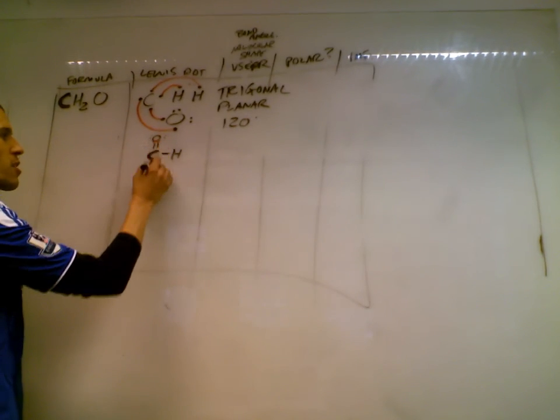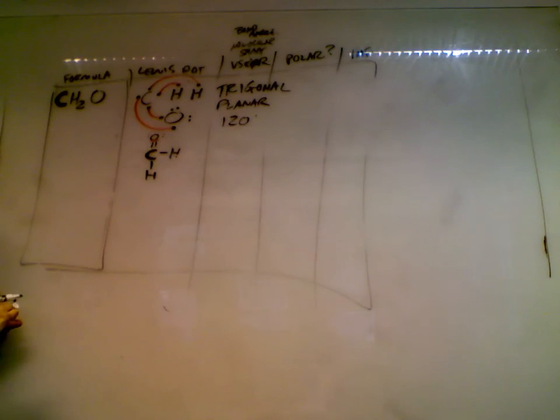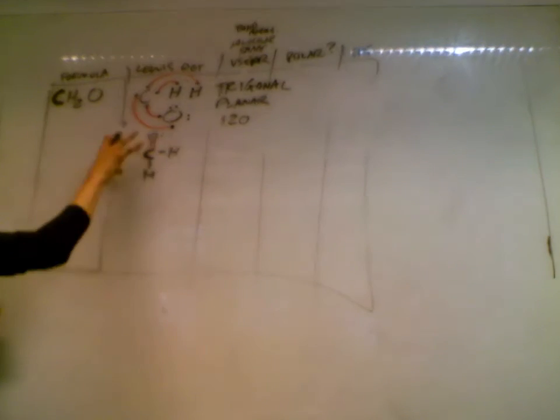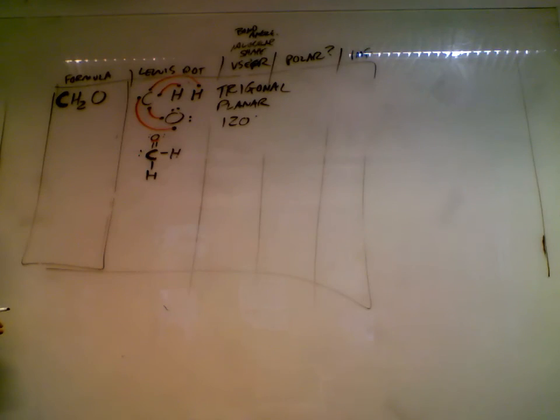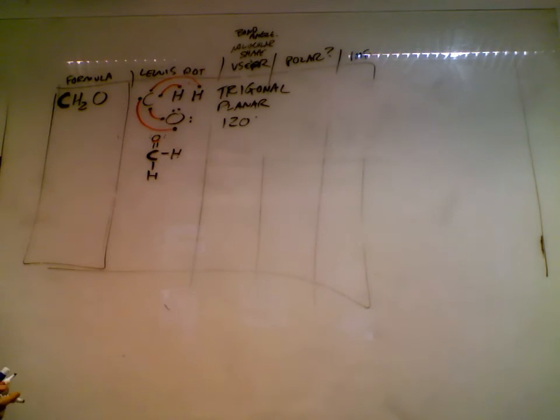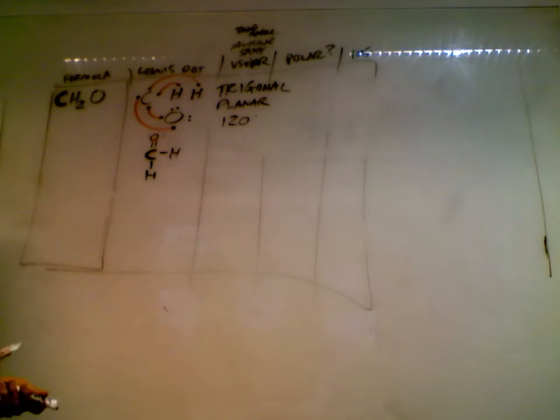If this was connected to three things and it had a lone pair, then it would be like a little tripod, because the lone pair, wherever it is, pushes those ones away. Since it's not pushing them away, they can be in the same plane, and that's as far away from each other as they can get. Do we have to remember what's trigonal planar as well? You won't get the chart for this.